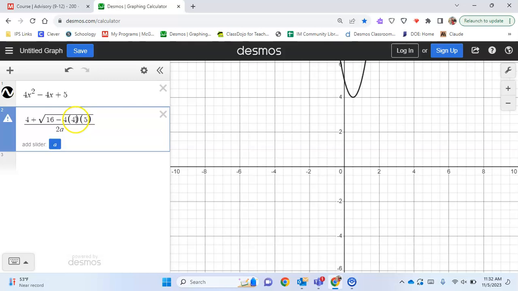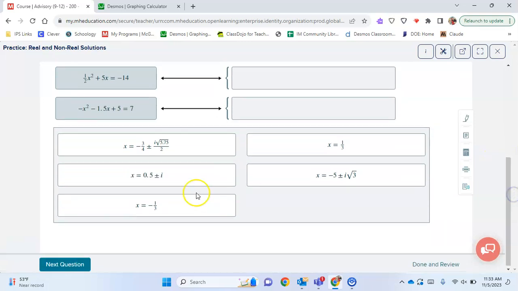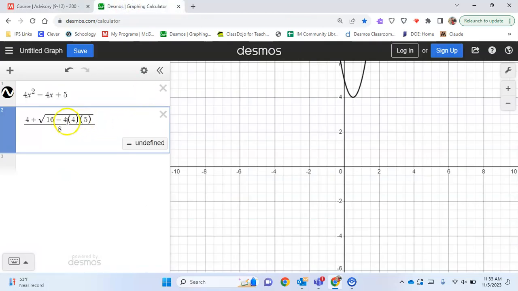That is 80. 16 minus 80 is -64. 2 times 4 is 8. 4/8 is the same as 1/2, which is the same as 0.5. And the square root of -64 would be 8i. 8i divided by 8 would be just i.